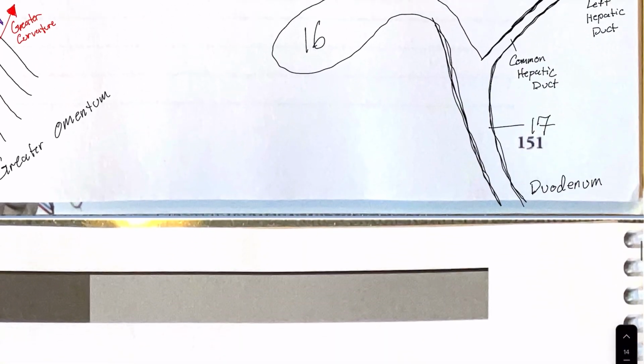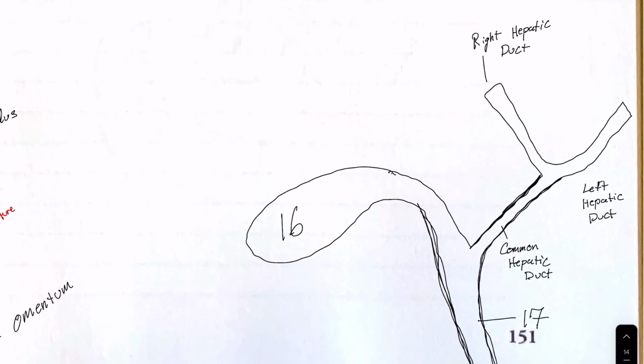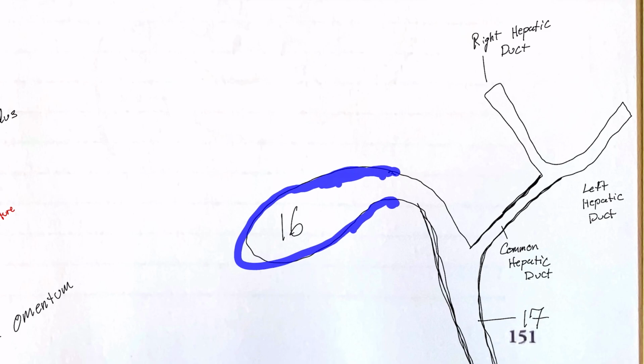Looking over at the gallbladder, so number 16, we're going to look at the ducts where bile goes. So your liver makes the bile but stores it in the gallbladder. The gallbladder is like a green looking thing. And that bile sits here, and it is used to help digest food.